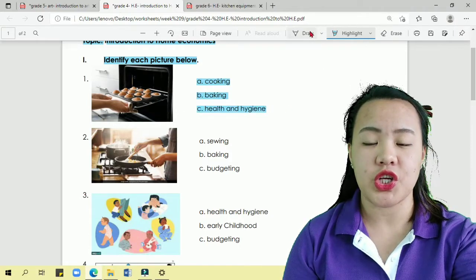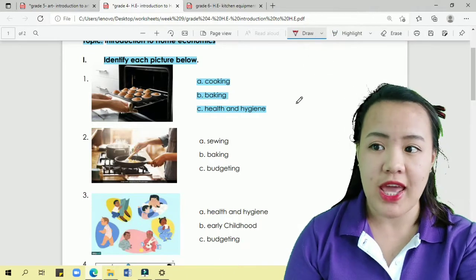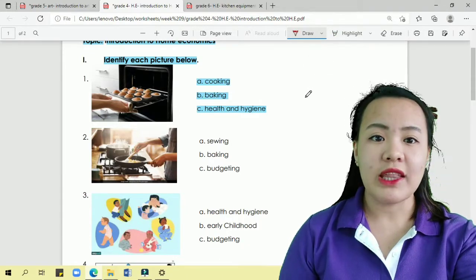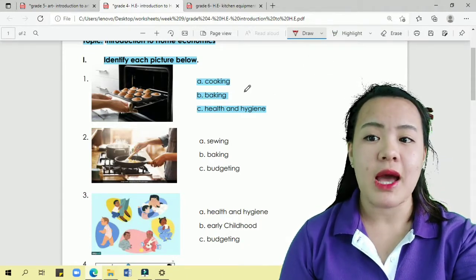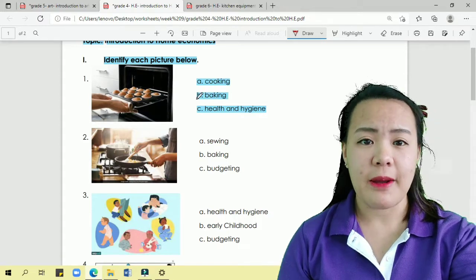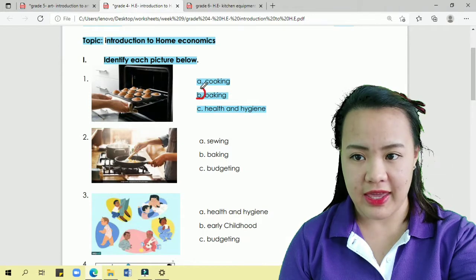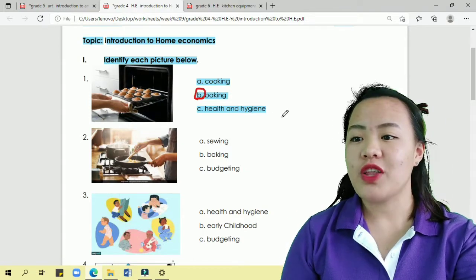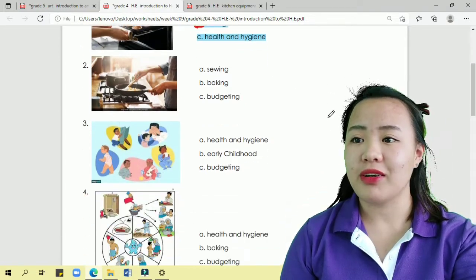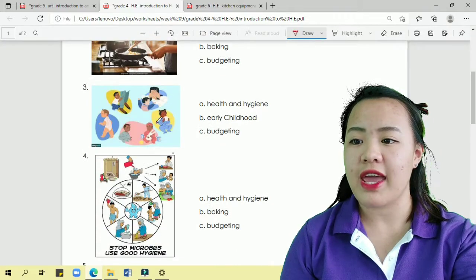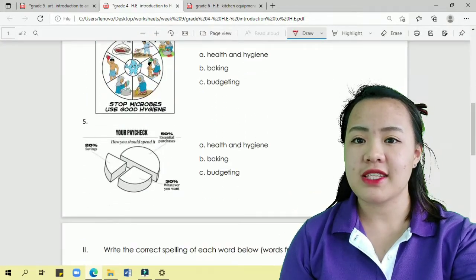You're going to circle your answer. Let's try answering number 1. Number 1 is letter B, baking. You're going to answer the next numbers 2, 3, 4, and 5.